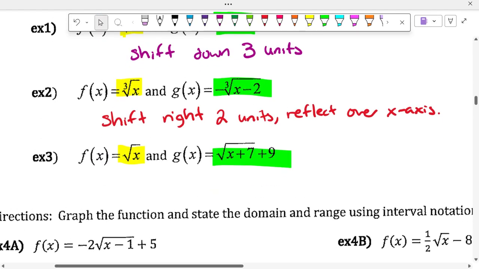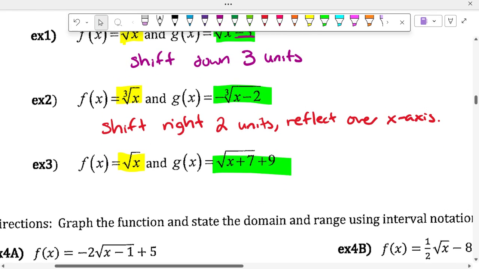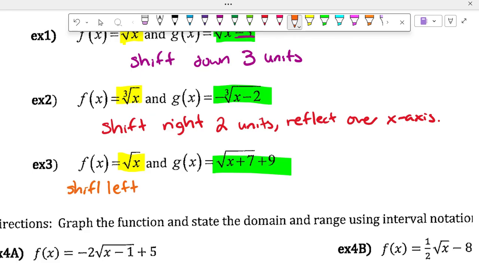What about the last one? What's happening? Right. So it's shifting left what? So it shifts left 7 units and then does what?